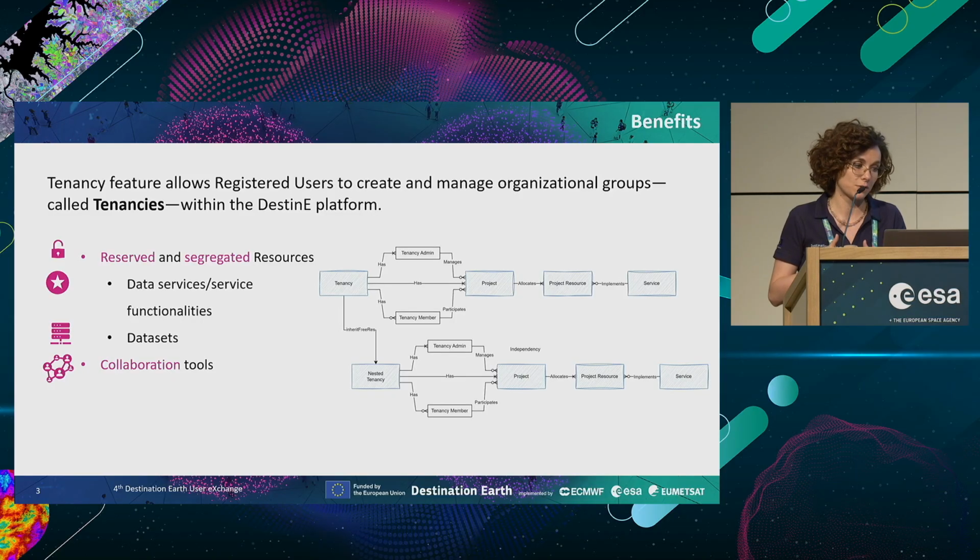Therefore, with resources, we mean data sets and data services or service functionalities. On top of this, we are adding the concept of collaboration. So collaboration tools are part of the resources as well.